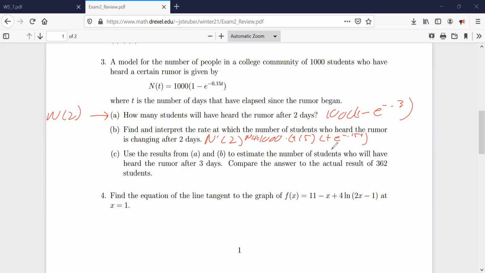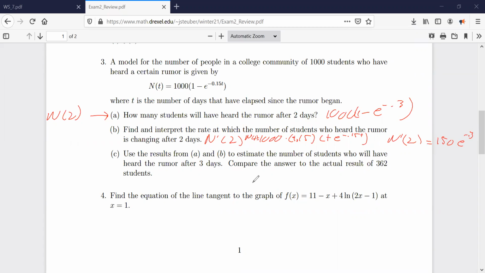So if you do that, then n prime of 2 is going to be equal to 150 times e to the negative 0.3, and then you would plug that in to this equation, right?